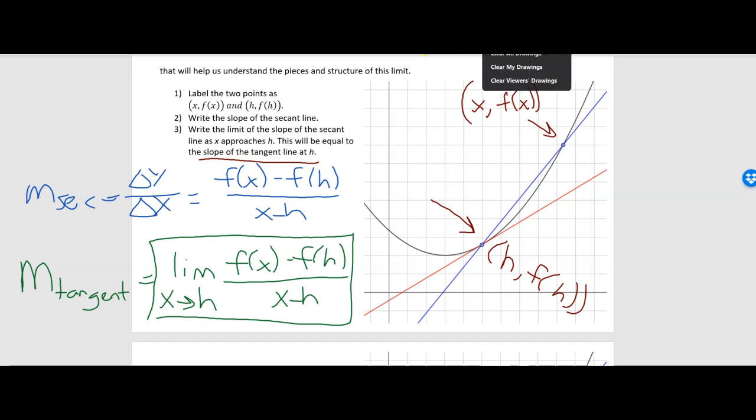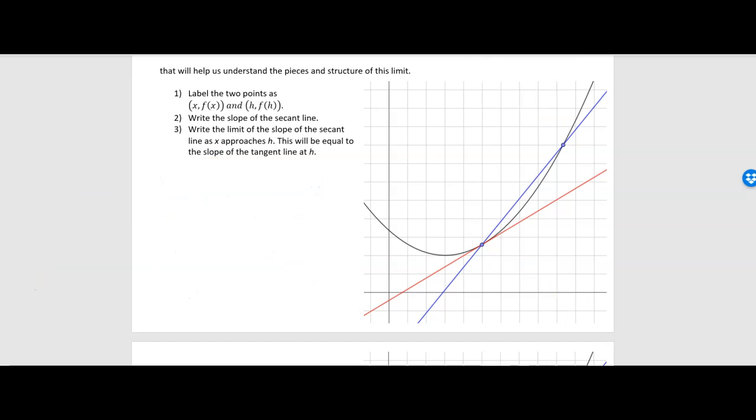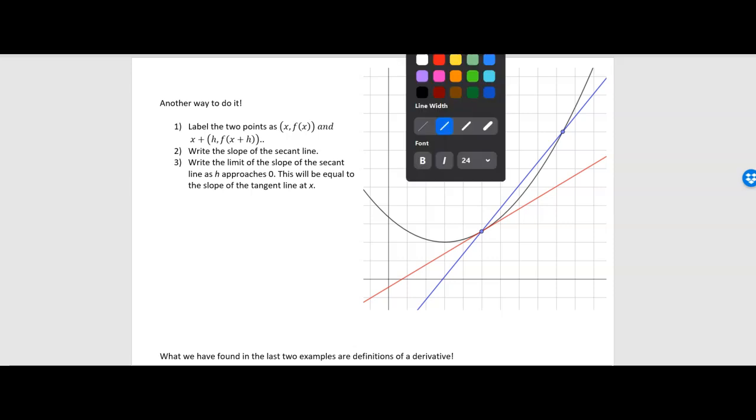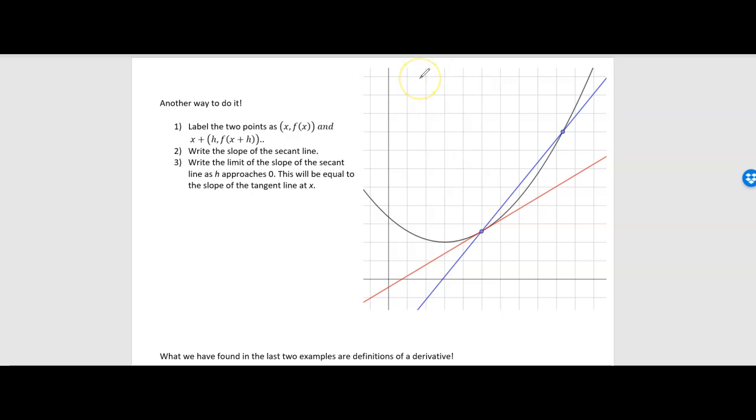Let's look at this graph in one other way, because the definition of a derivative has multiple ways of being written. So the points are being written in a different way here, and let's quickly talk about those before you work through and find the two equations. We're going to be finding the slope of the tangent line at x. So this point must be our x comma f of x this time, which means this spot on the x-axis would be x.